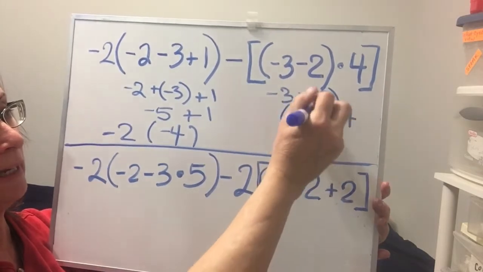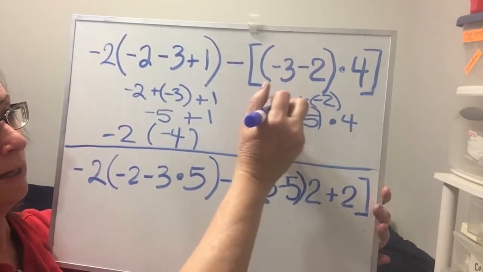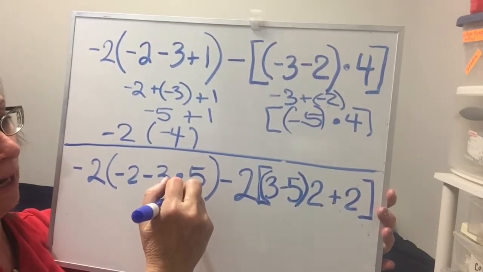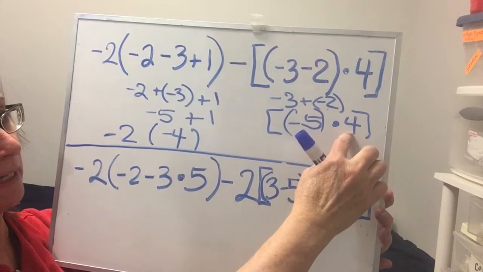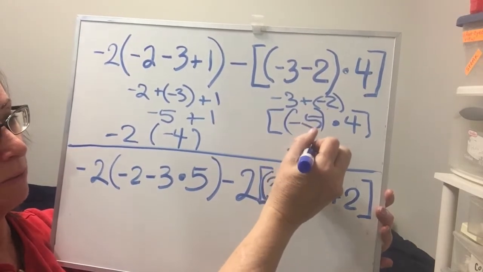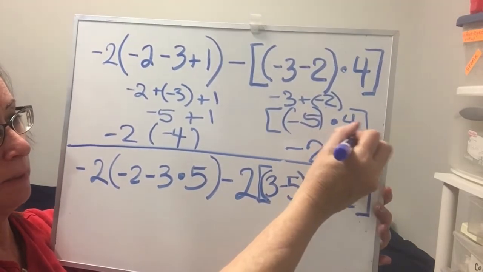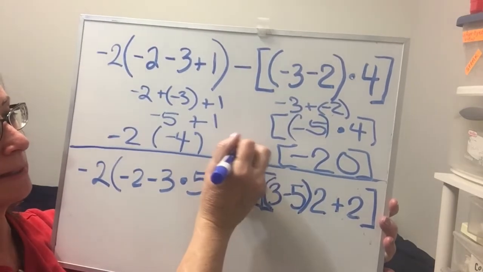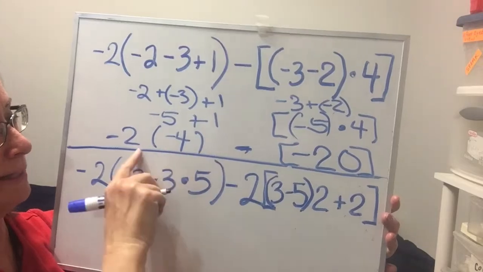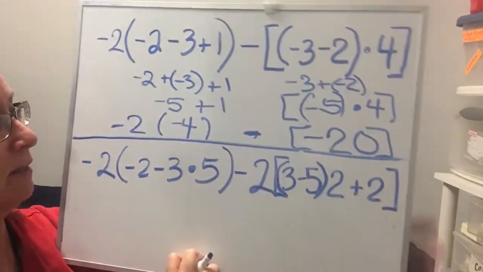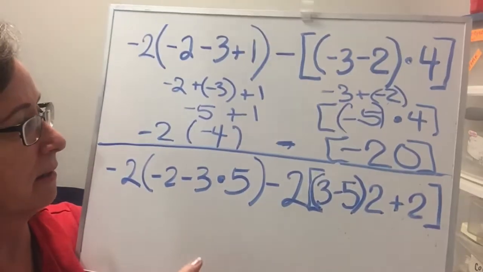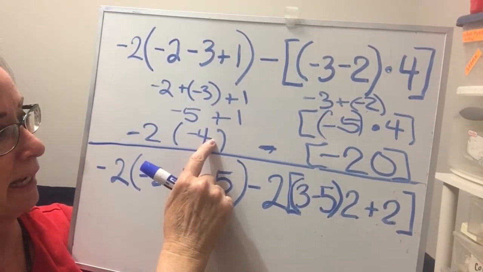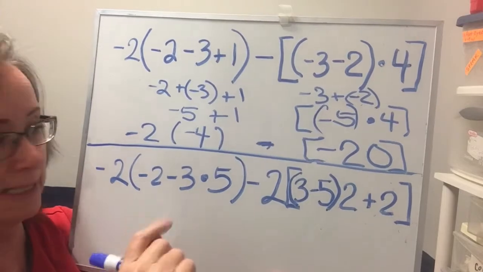So then I had -5 times 4, and that is in the bigger box here, the bracket. So that's a -20. So -20, and I can put it in here if I want to, and I bring down the minus sign. Okay, so isn't that what I have now? So now my final answer is going to be -2 times a -4 is a +8.